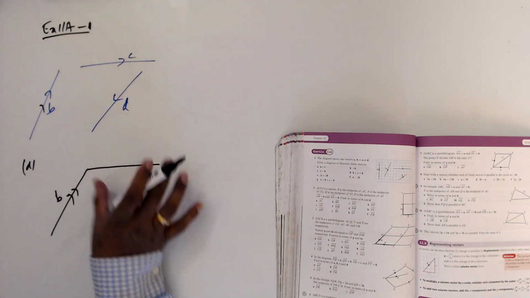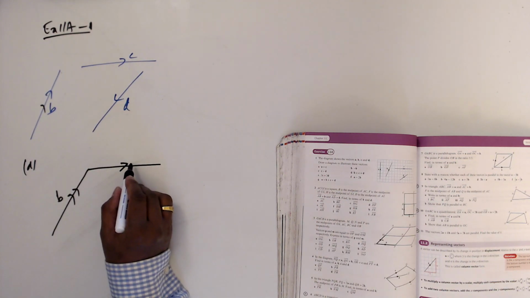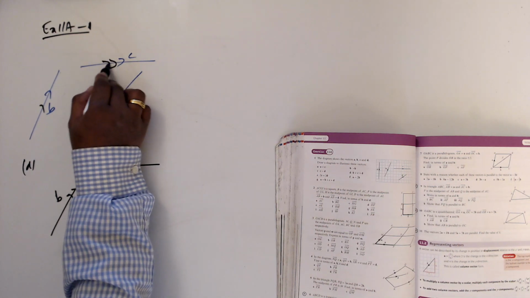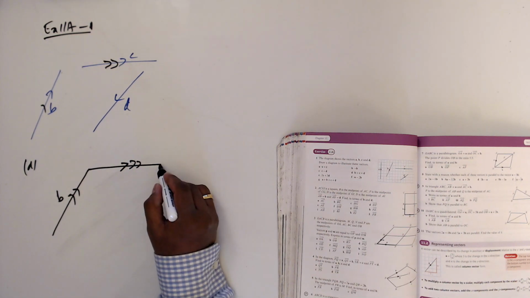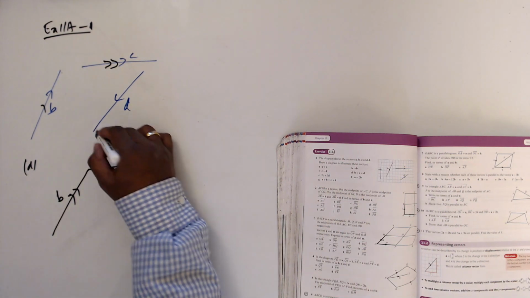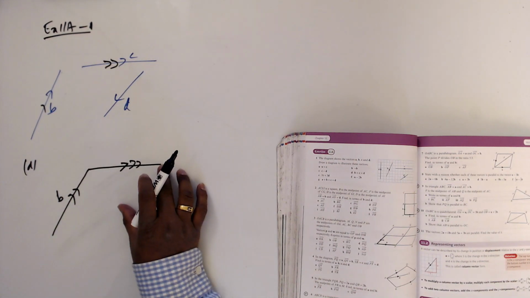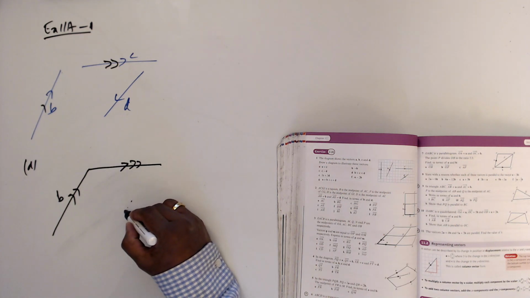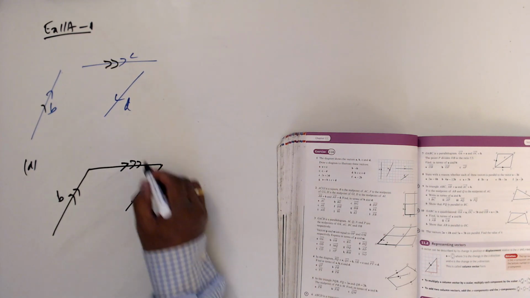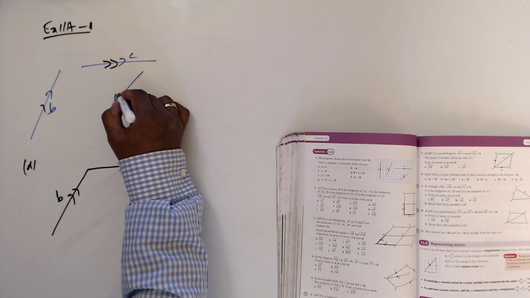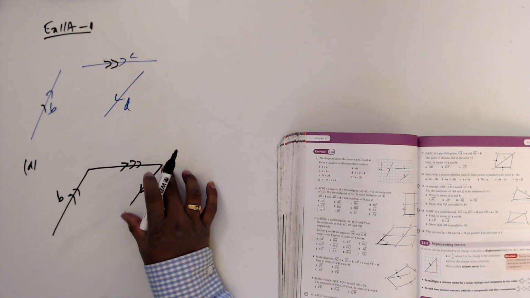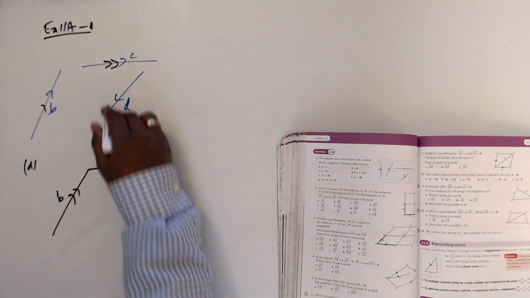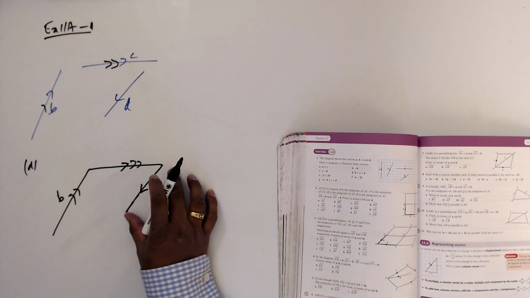So this is C and this is C. Those two are parallel and the same length, and this is D. This one and this one should be parallel. Same length, yes, and they are parallel. So this one and this one are equal vectors.